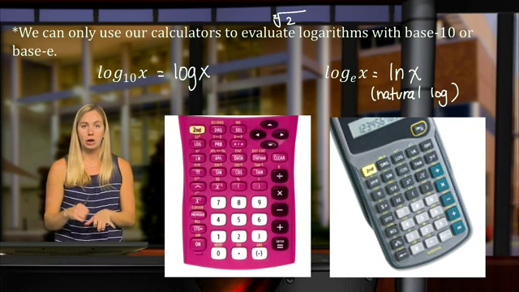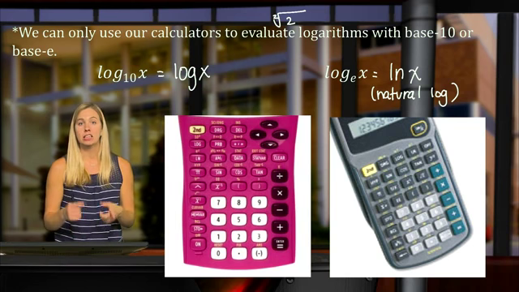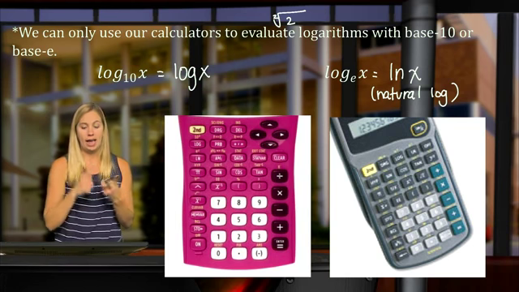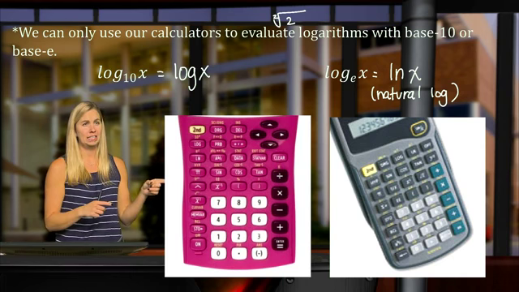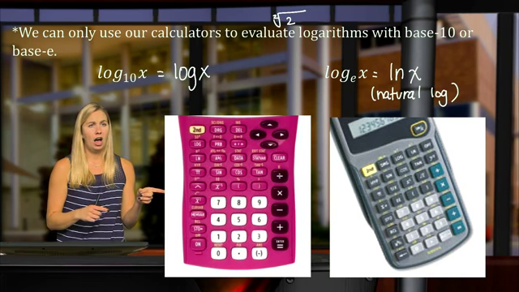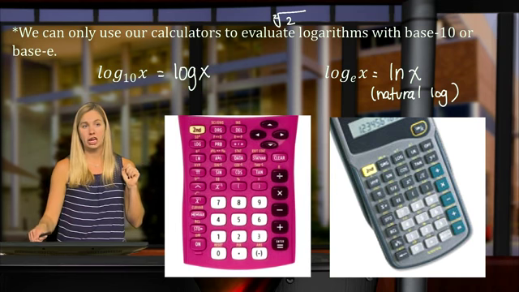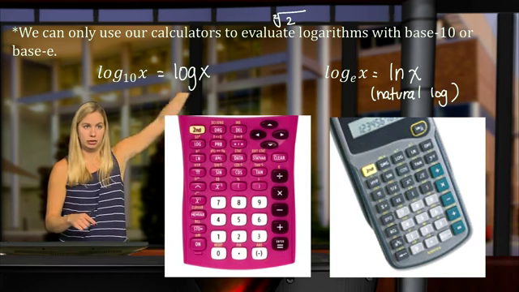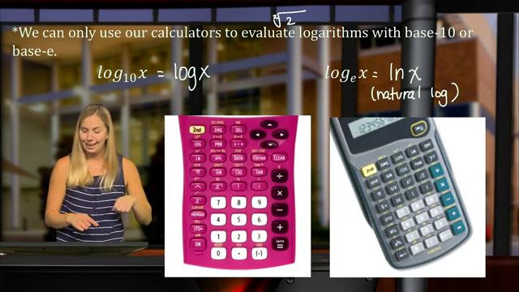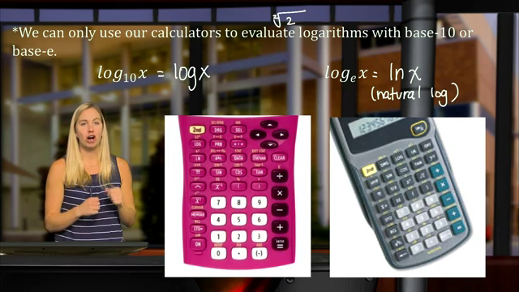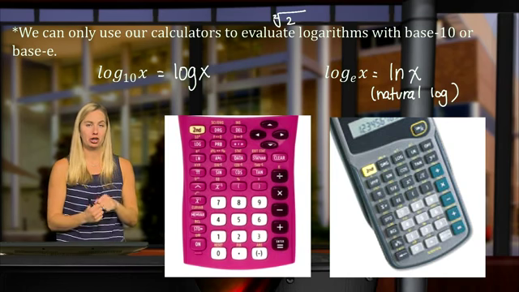So get your calculator out, and I want you to find the two buttons that say log and ln. If you're looking at this pink one, ln and log are right below the second key. On the one on the right, they're right next to the off button.